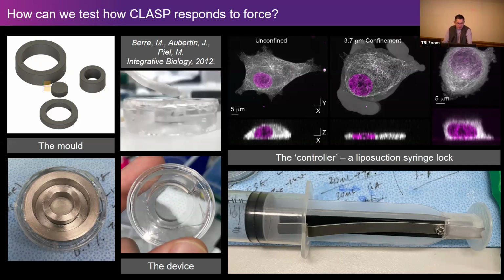And so what you can see here is three different cells: unconfined, and then we've fabricated some 3.7 micron pillars and some 11 micron pillars, and we can compress them to different degrees and basically look at how different components of the microtubule cytoskeleton behave in response to direct force.